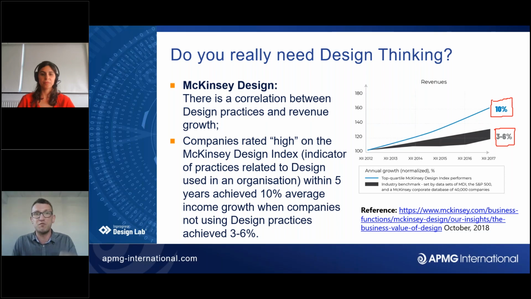So this is a very huge difference. It's almost twice more revenue growth when you invest in design practices, when you use design thinking, or when you try to use any of these methods.